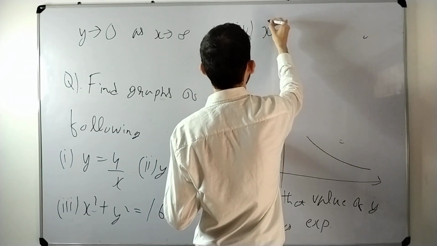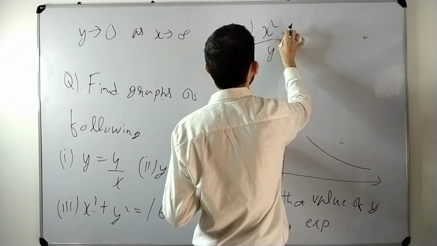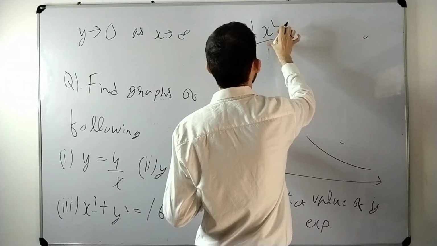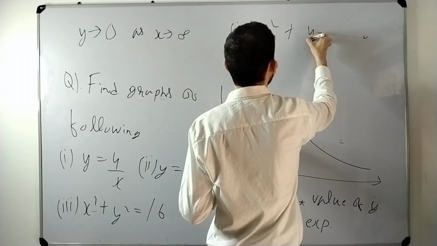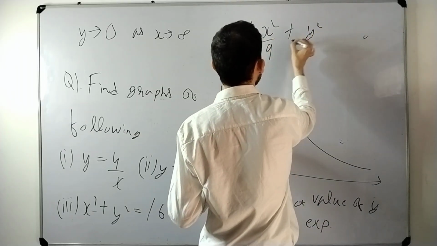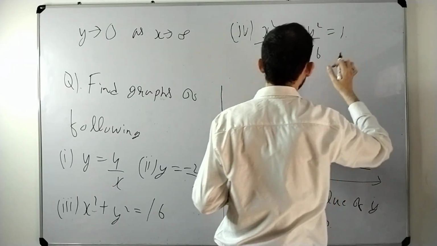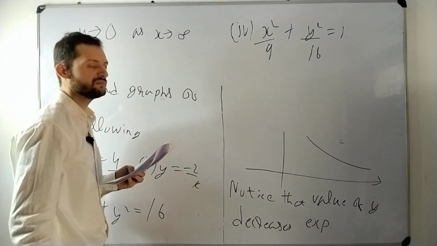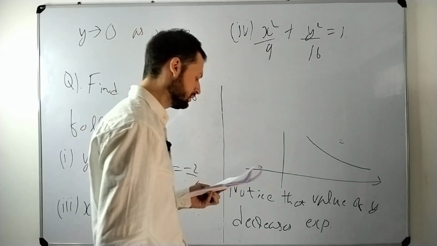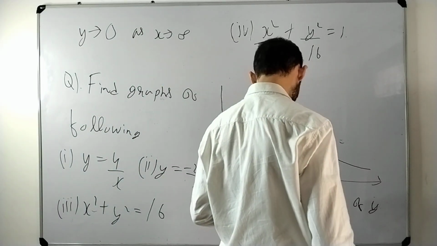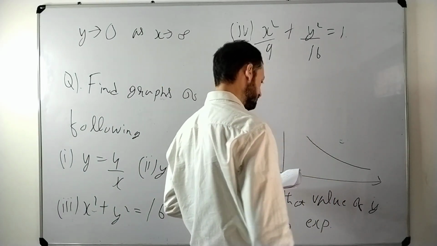This is x square by 16 plus y square by 9 equals 1. Right, students? So this is the thing we got. Now the solution.